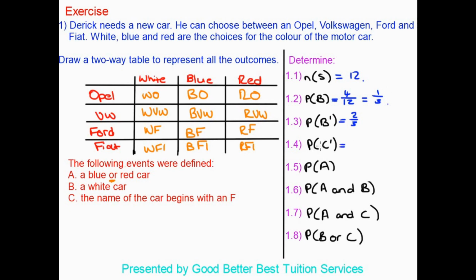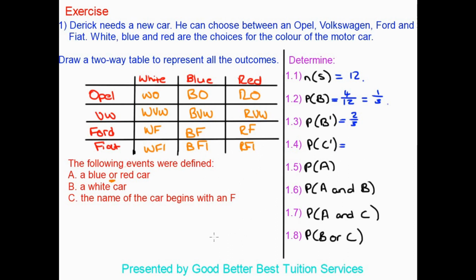And then we look at the probability of the complement of C. So the name of the car begins with an F, is the event C, right? So that's these whole two rows over here. So that's 1, 2, 3, 4, 5, 6. So we can just write here a note to ourselves, or preferably write it in your working out.